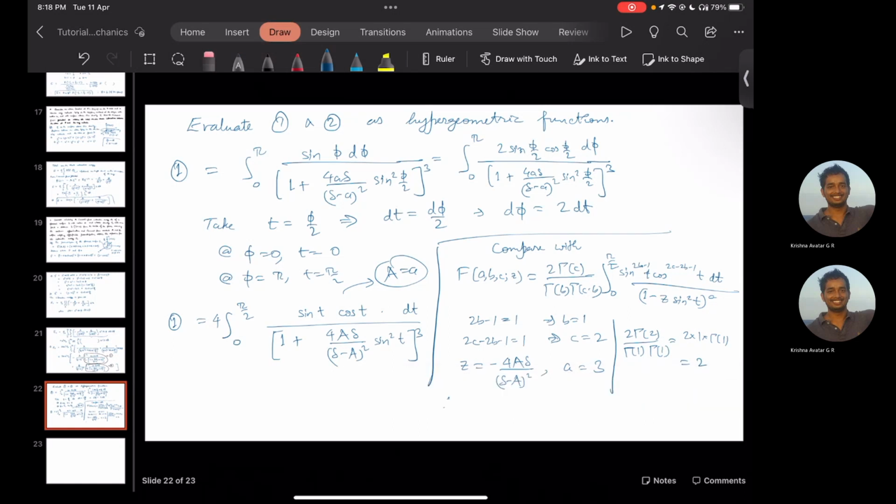So this expression here becomes f divided by all the rest of the terms, and the term just gives us 2. And so what we'll have is this is equal to 4 into 2 f of 3, 2, 1 minus 4, and I'll replace again a by del minus a whole square by 2. So this one just comes to be 2.